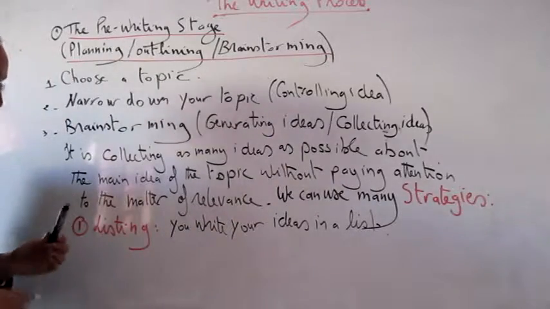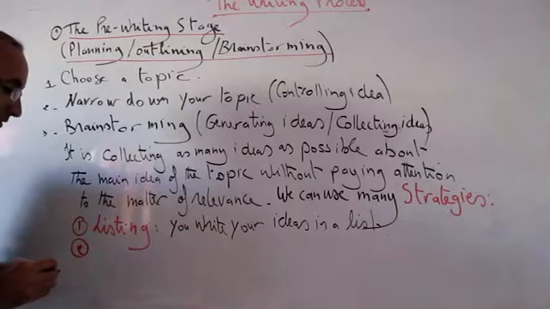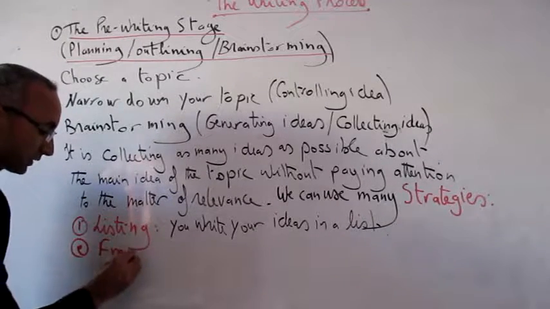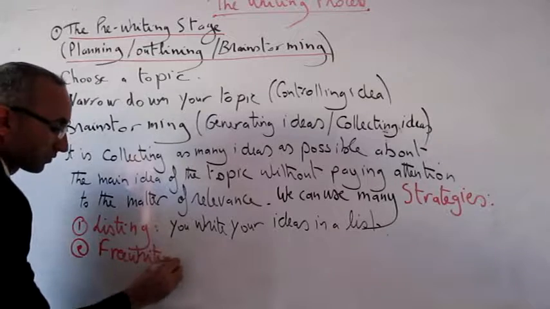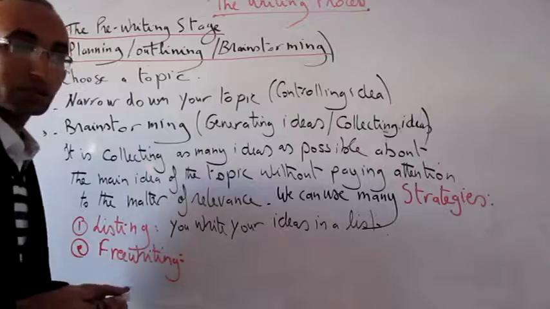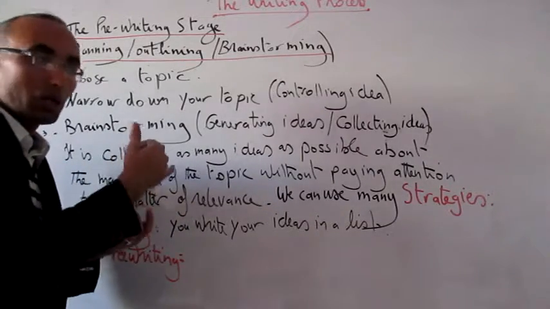Also, we have number 2. The second strategy we can adopt is free writing. Here, write down all your ideas that come to your mind in the form of a long piece of writing.